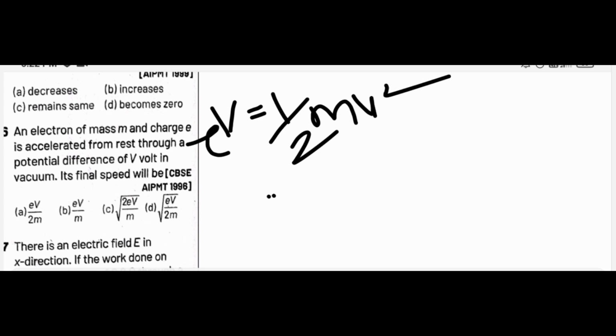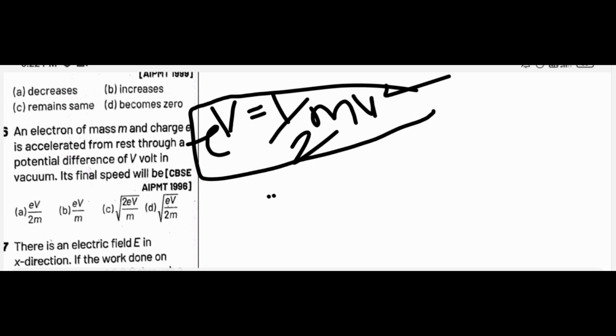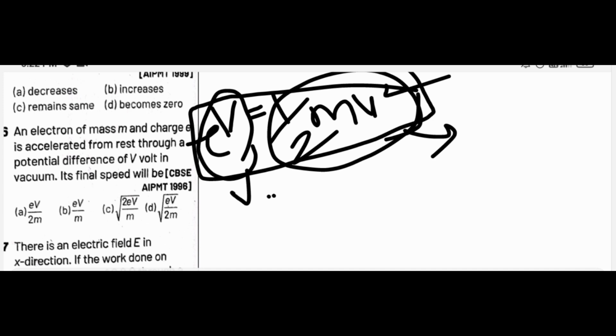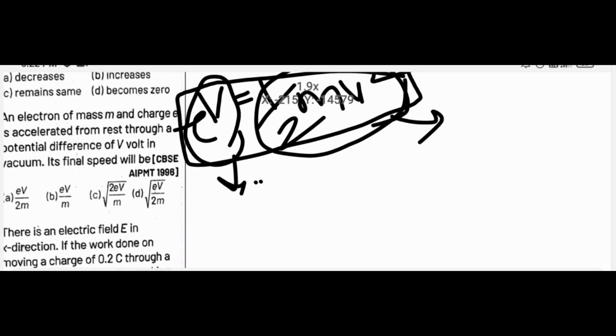It is from the law of conservation of energy, meaning this mechanics part is equal to the electrostatics part of a charge into potential. So if you do the calculation, they are asking for the final speed, right?